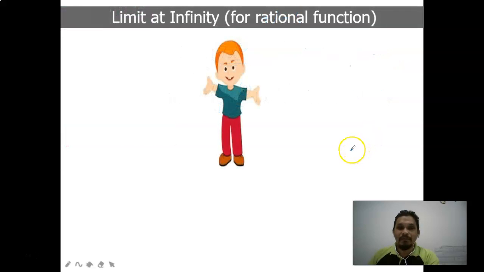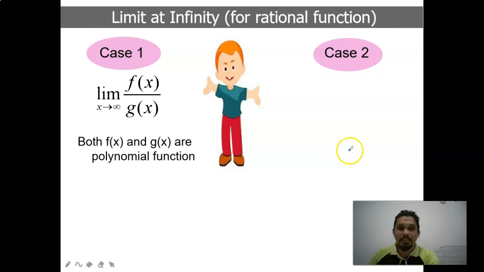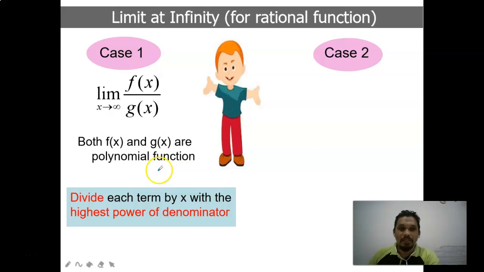Okay, limit at infinity for rational functions. If both f(x) and g(x) are polynomial functions, then divide each term by x with the highest degree power of the denominator. Okay, so that's the key, the highest degree of x from the denominator.